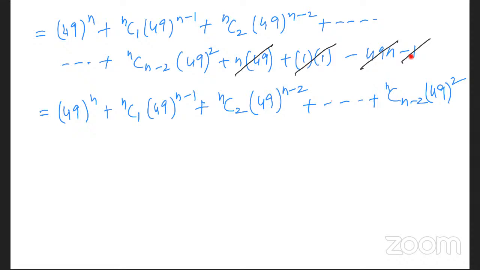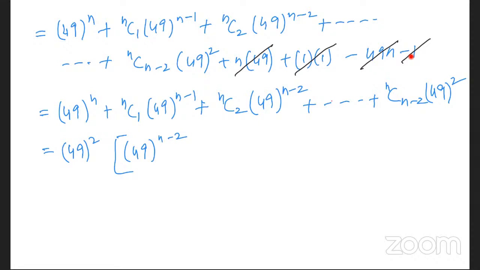These terms get cancelled. Then this is equals to, we shall take 49 square common. Then we can write this as 49 whole to the power of n minus 2.